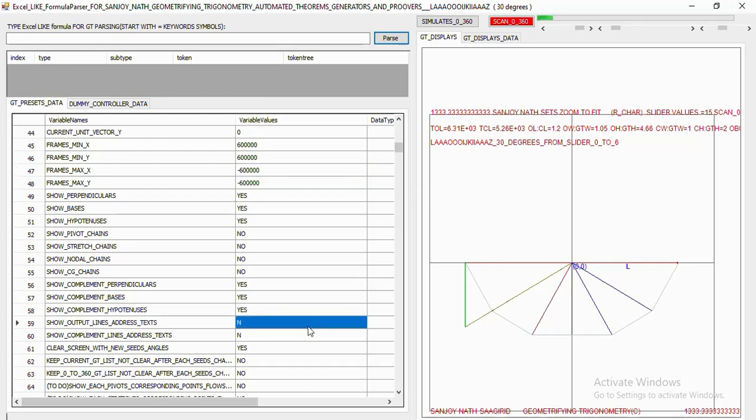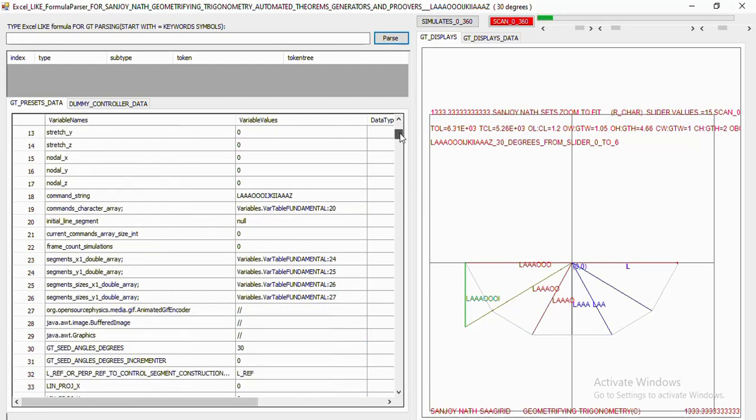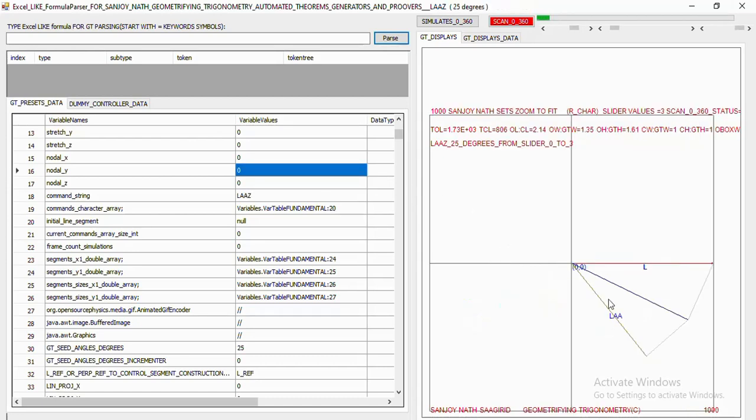We should show at least the output line segments, such that we can explain these things easily. Suppose here we are taking LAAZ, which means LAAZ is the output line segment here, that is cos square theta. LABZ, we have already said that A, B, C, D are the 4 symmetries of cos theta.